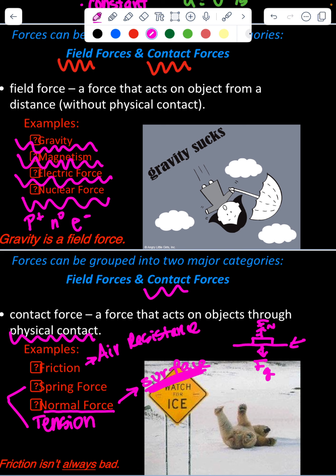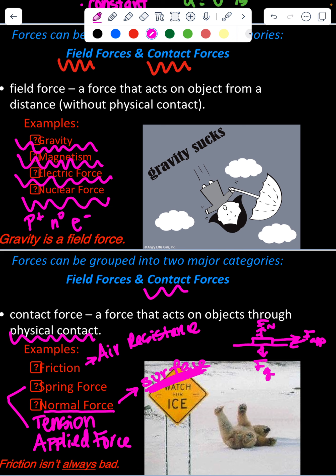And the last one that I want to add is something called an applied force. An applied force is just whenever you physically put your hands on something. So if I were to push this book to the right, I would be applying a force. If I pull a table one direction, then I am applying a force.